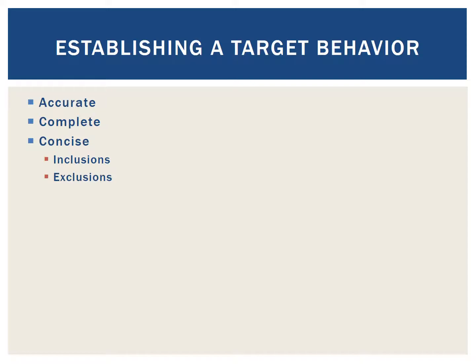Like what would you consider a social initiation? Like going up to another kid, and pointing to a toy and holding out your hand, like a simple request, you would count that as a social initiation. But walking up to another kid and snatching the toy out of the kid's hand would be a non-example of a social initiation.